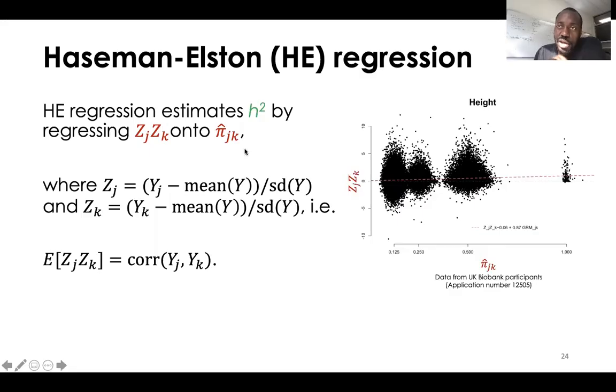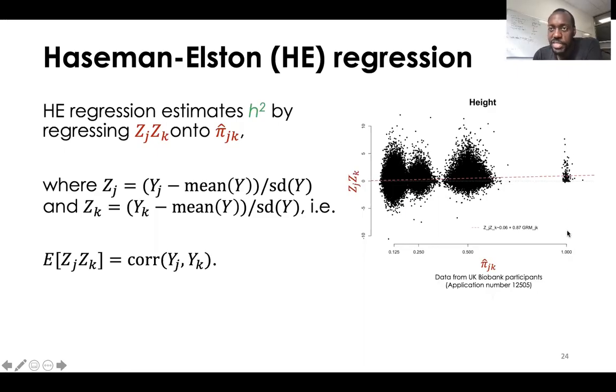Let us now illustrate that using some UK Biobank data that I already showed you in the previous part. What you're looking at here is, on the x-axis, the pi hats for a set of relatives. The third degree, second degree, and pi hat around 0.5, remember, is a combination of parent-offspring and also full sib individuals here.